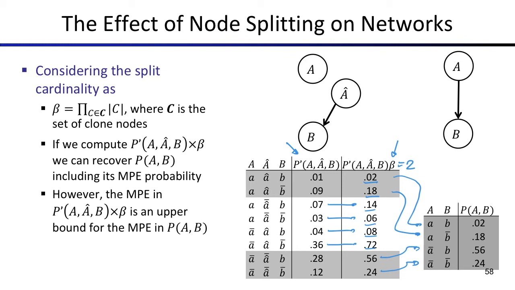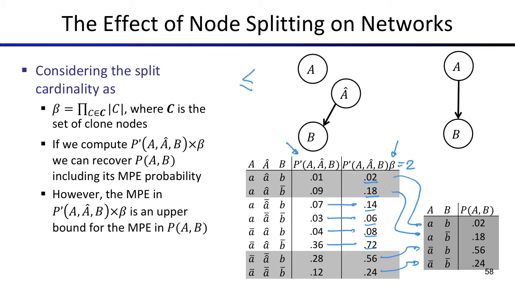Sometimes those values will be smaller than the values that we have in the original probabilities. So in this case, we're going to take the original probabilities, and our upper bound is going to be exactly the same probability that we had before. In both cases, as we are eliminating A, doing this maximization process, what we're going to have as a result is a probability that is larger or equal to the original probabilities.